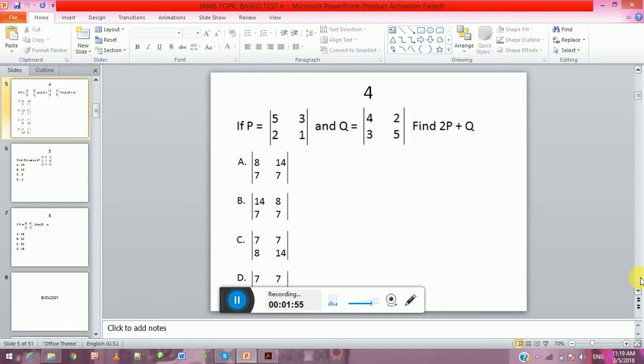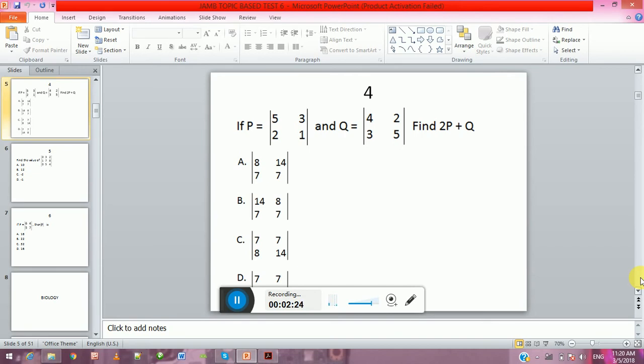Mathematics. If P is equal to, in a matrix form, 5, 3, 2, 1, and Q is equal to, in a matrix form, 4, 2, 3, 5, that's a 2 by 2 matrix, find 2P plus Q. A. 8, 14, 7, 7. B. 14, 8, 7, 7.